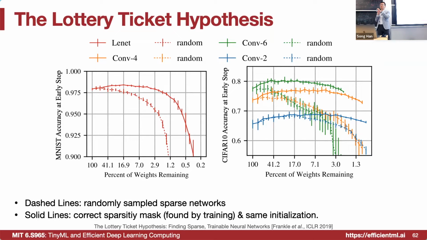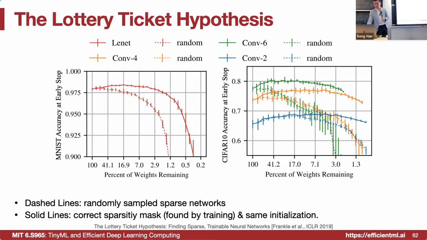When that network gets trained in the beginning, you use that mask, the same initialization, and you train it to the end. You can obtain a network that has pretty good accuracy, even with only 1%, 1.2% of the weights remaining.